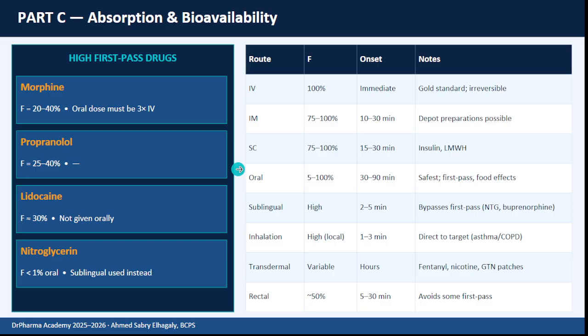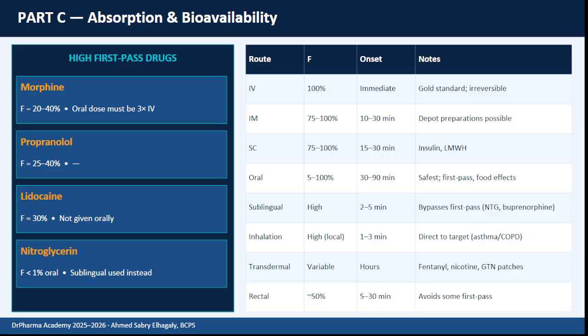Inhalation is for asthma or COPD. Transdermal, like fentanyl patch or nicotine. And the last one, rectal. This avoids some first pass, and with rectal I will get a bioavailability of 50%. For example, in seizures in the hospital, the first line of management of pediatric seizure is to give rectal diazepam.